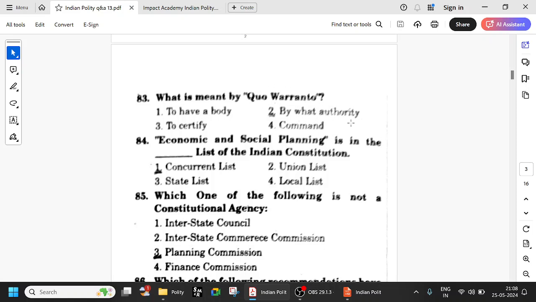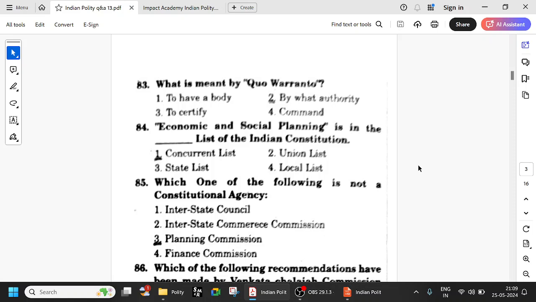By what authority you are holding that position which you have. Certiorari is to certify, mandamus is we command, and prohibition is also there, that is to prohibit. So these are the different types of writs. I'm sure everybody is aware. So what is quo warranto? By what authority.